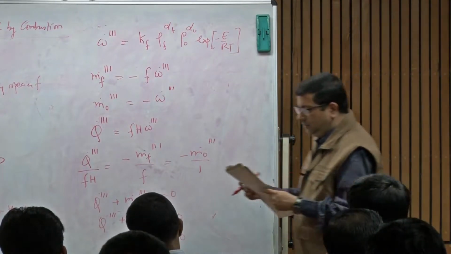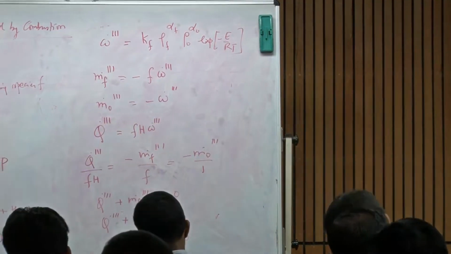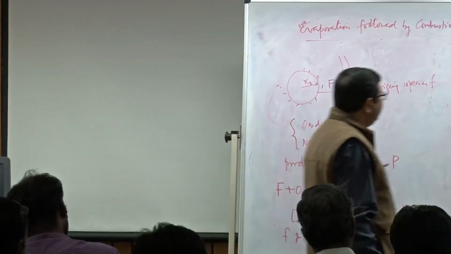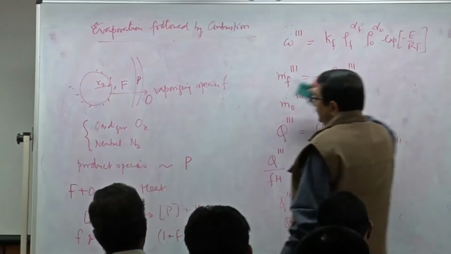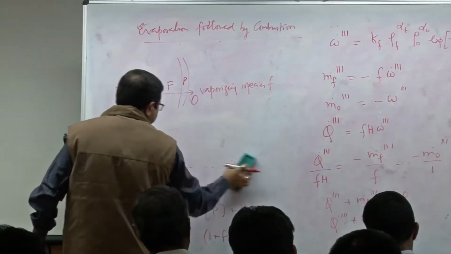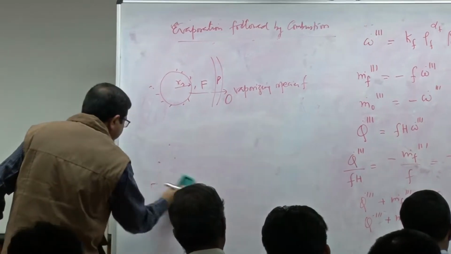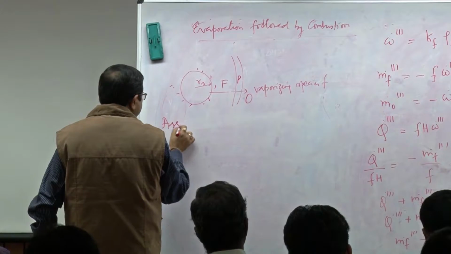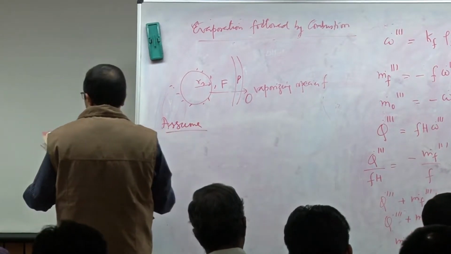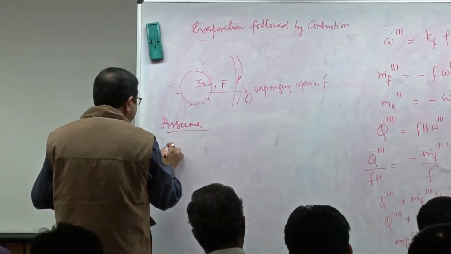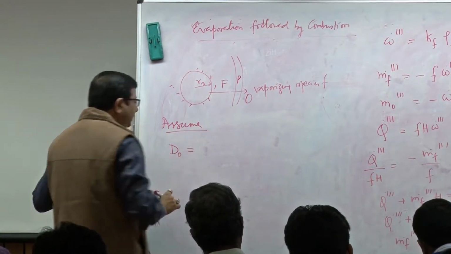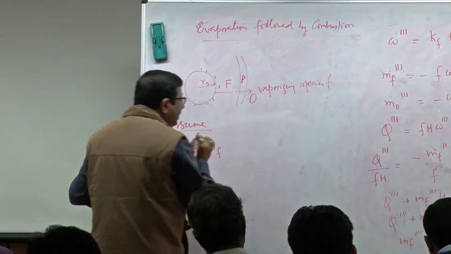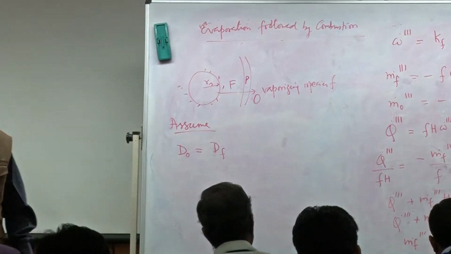Now, let us make some assumptions, because we will be solving the same problem with reaction happening. Assume that the diffusivity coefficient for oxidizer and the fuel are the same.